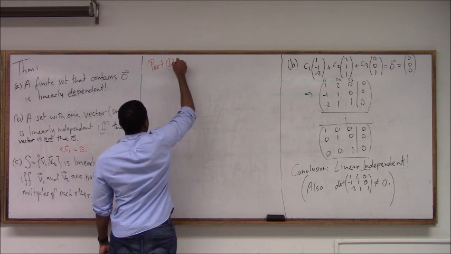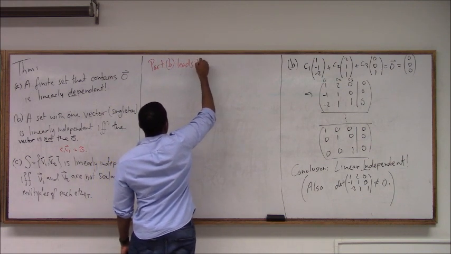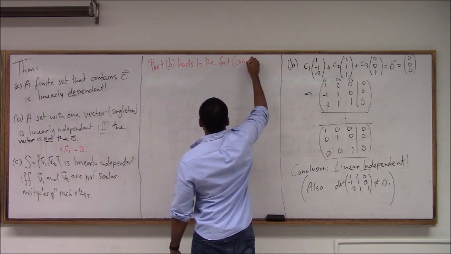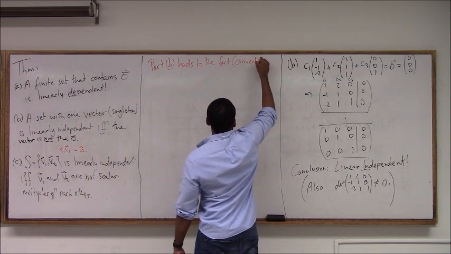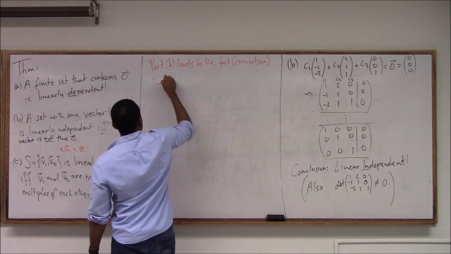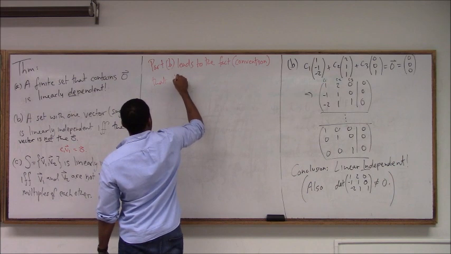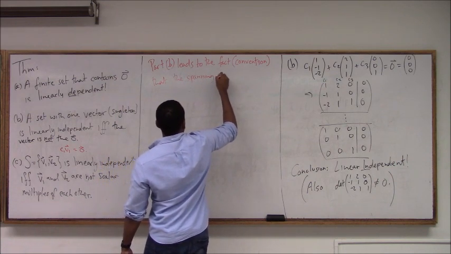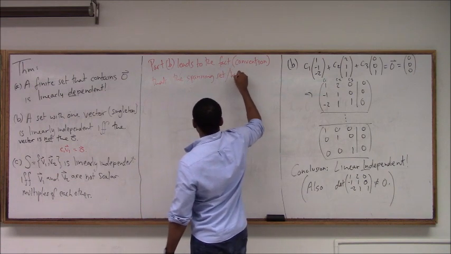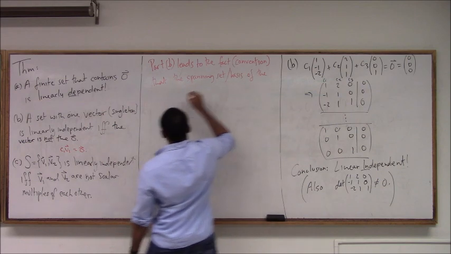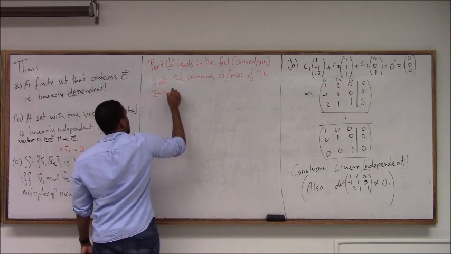Part B leads to the fact, which is really a convention, about the spanning set and basis, which we'll talk about soon, of the 0 vector space.